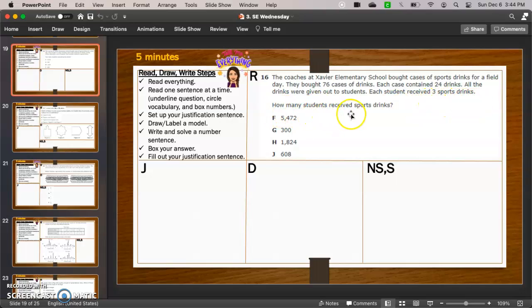How many students received sports drinks? F, 5,472. G, 300. H, 1,824. J, 608. Pause the video and work your problem in Pear Deck.